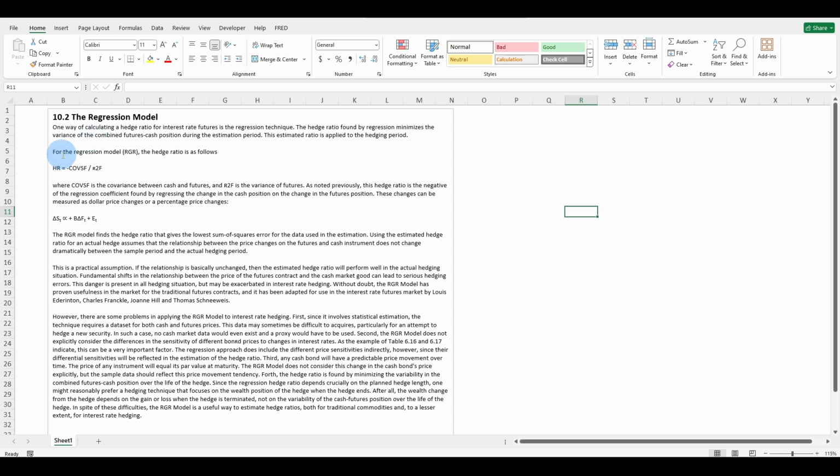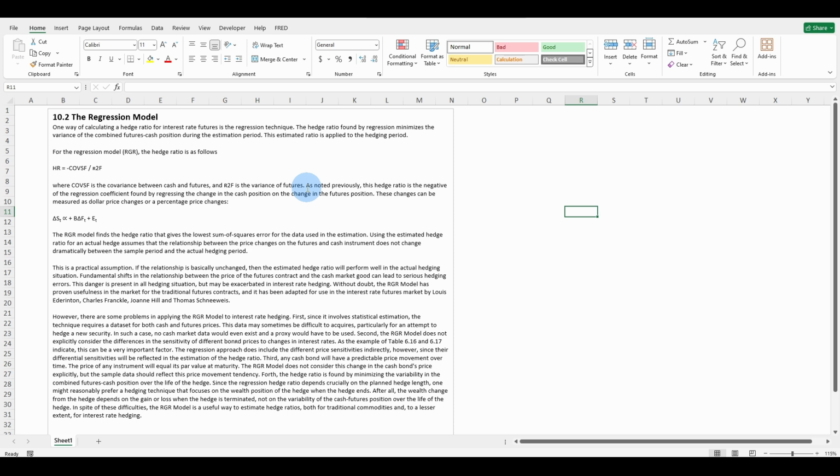For the regression model, RGR, the hedge ratio is as follows. HR is equal to negative covariance of S of F divided by R. I couldn't find within lovely Excel my normal notation. R is going to represent the standard deviation squared of F, where covariance S of F is the covariance between cash and futures, and R squared of F is the variance of futures.